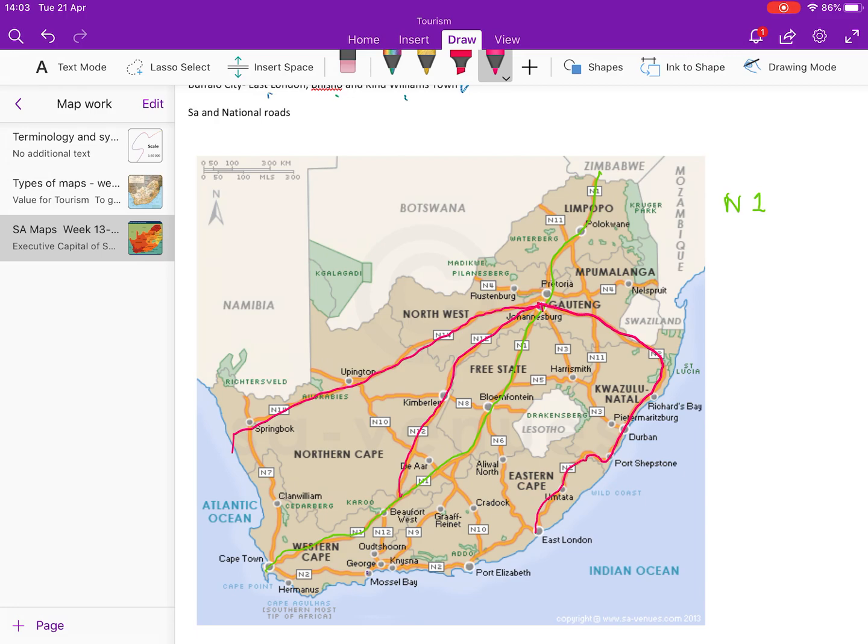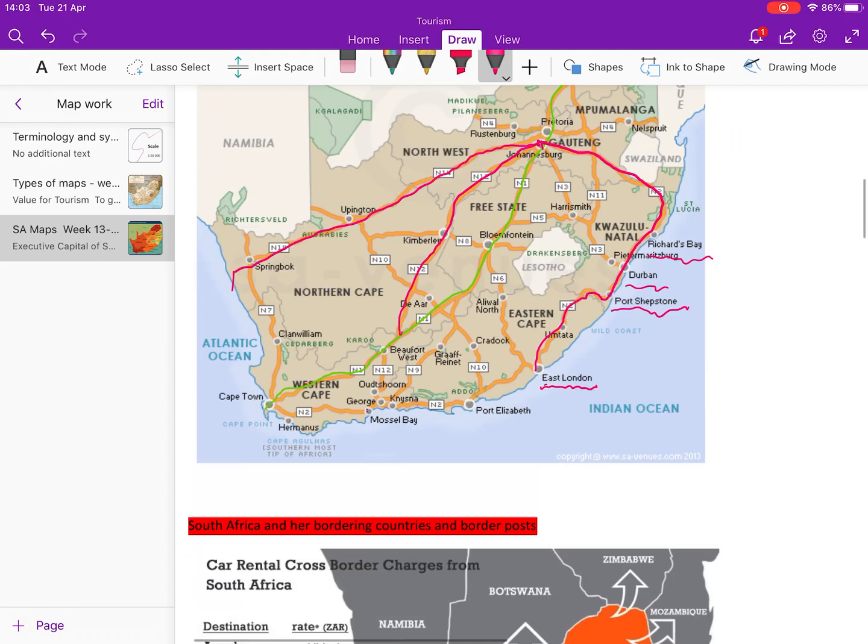So there are my 3 towns: East London, Port Shepstone, Durban, Richards Bay. That's more than 3. But a question like that can be expected of you to answer. So you need to be familiar with the national roads that we get on a South African map.